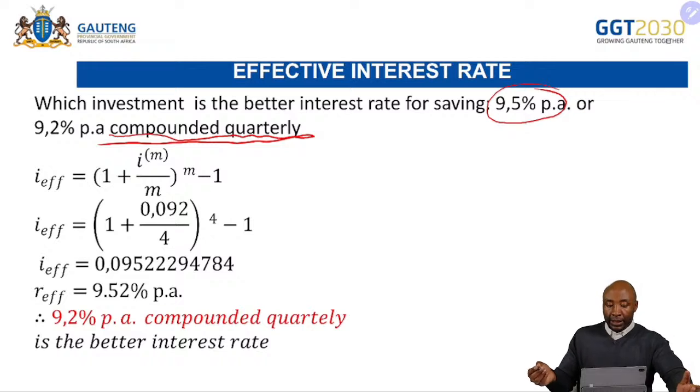So as illustrated, I have used the formula 1 plus i nominal over m to the power m, minus 1. So I've substituted. Remember, our interest has to be a percentage, a decimal, or a fraction. Please remember that part.